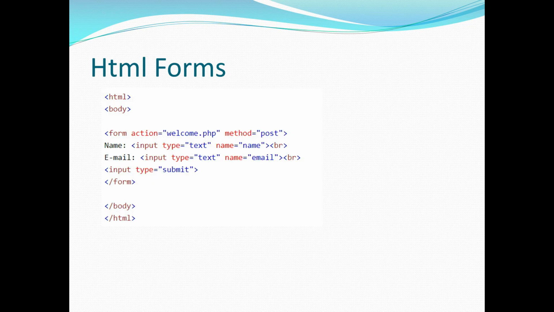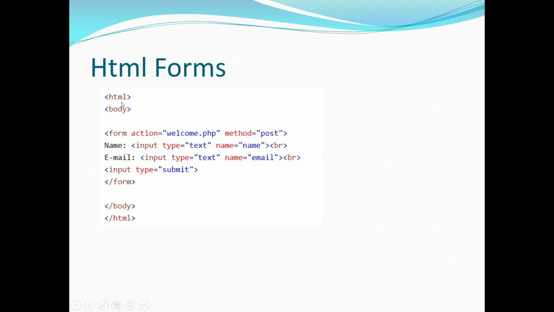So first we will talk about what is HTML forms. HTML forms are just like, for example, if you visit some site that requires some registration, then you see that it requires the first name, last name, and so on, all in input fields, and this is called the HTML form.